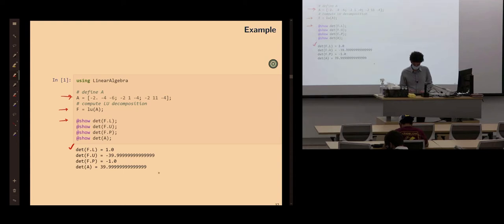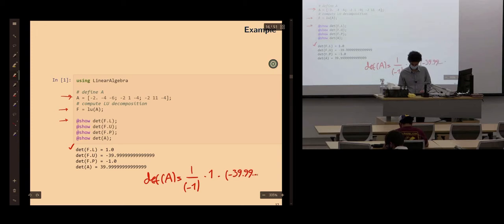Now, if I say determinant of A equals 1 over minus 1 times 1 times minus 39.